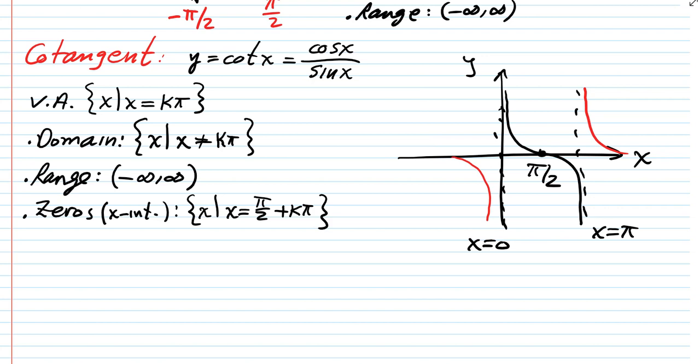So we have those points. Now we have the graph of this thing, and that's about it. All we want to know is just the general form. So that's the graph of cotangent, one cycle of it.